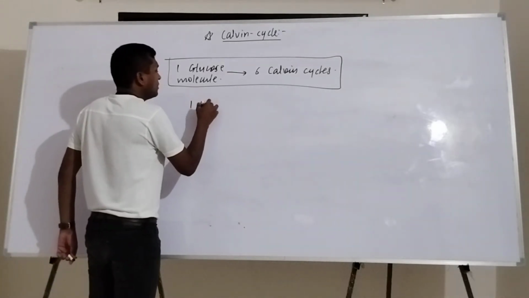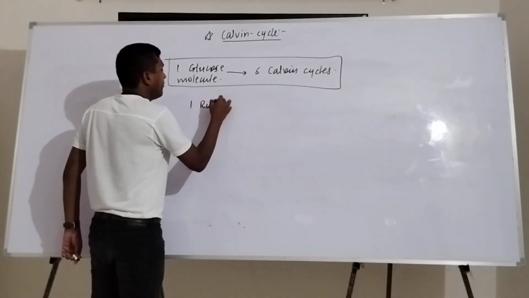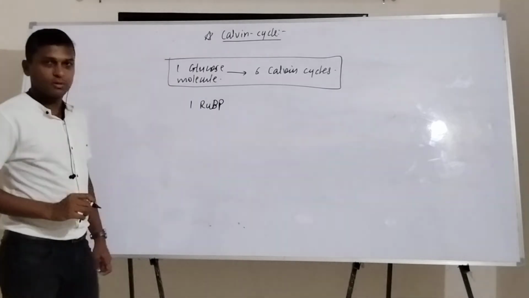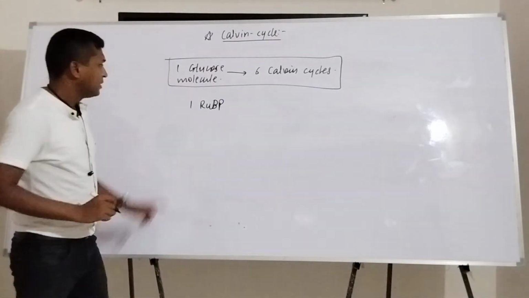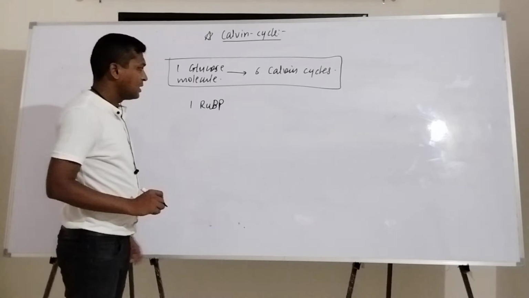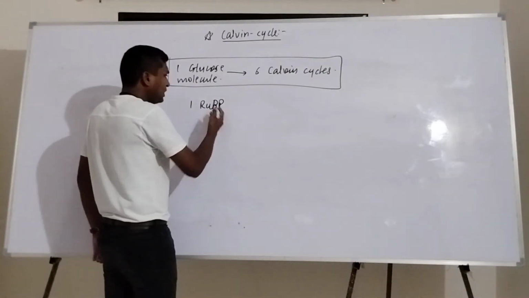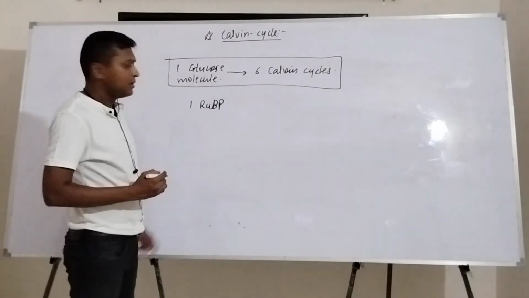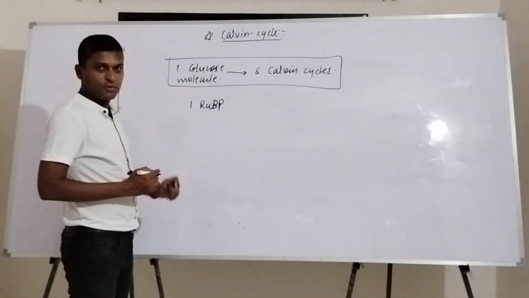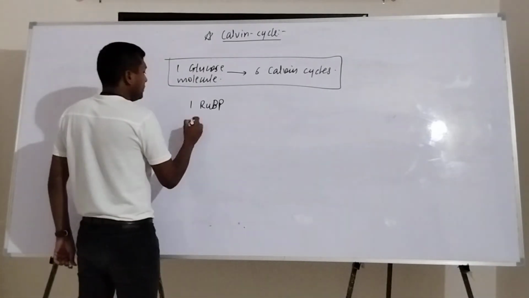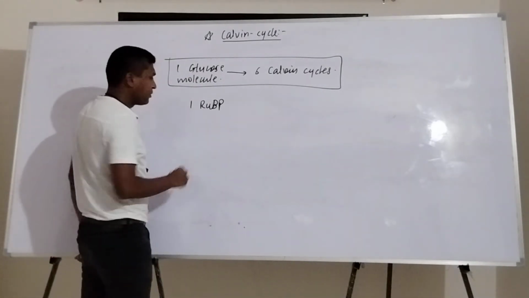One RUBP molecule, ribulose bisphosphate, correct? It is used, and from this one RUBP molecule, how many triose phosphate molecules are produced?